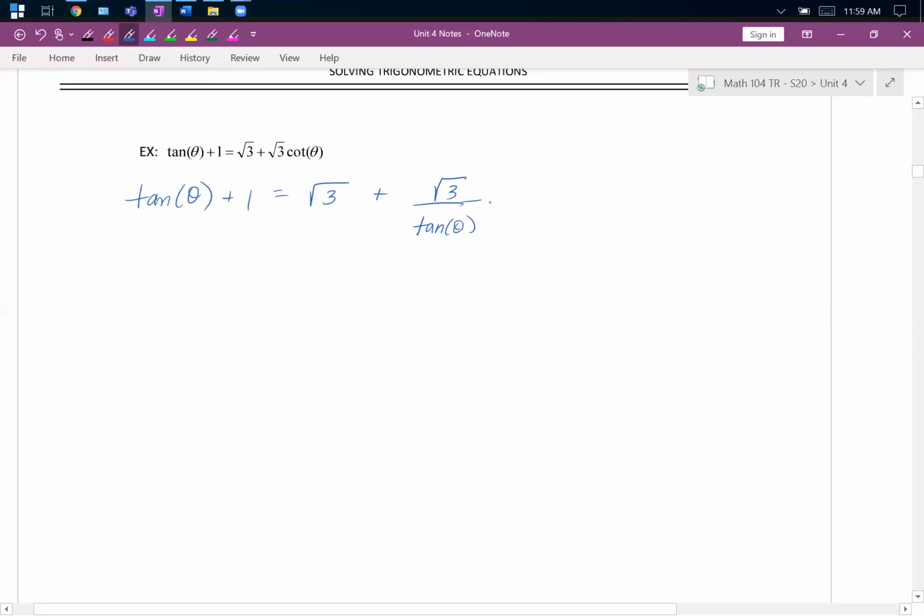Well, I'm happy that everything's in terms of tangent, but what am I not happy about? Aren't you going to end up having tangent squared on the other side, and we're going to have to do the power reducing? Okay, you're like 4 steps ahead of me. And yeah, I see you are a lover of power reducing formulas.